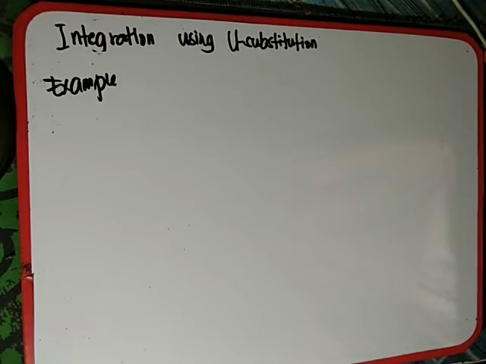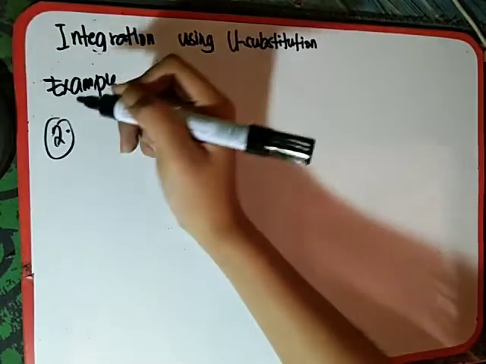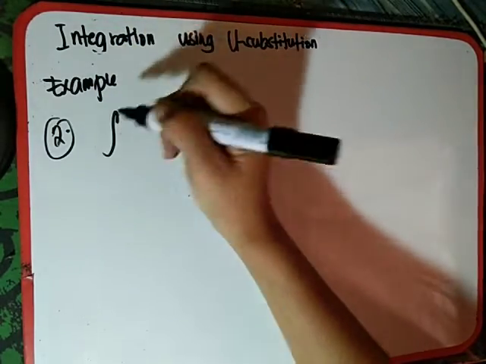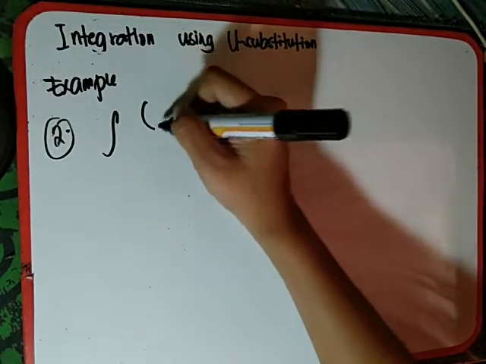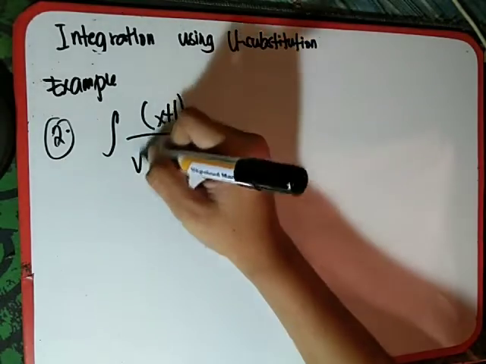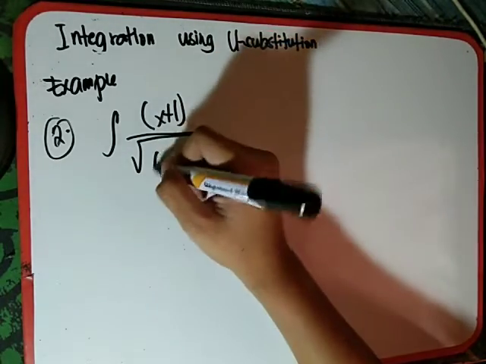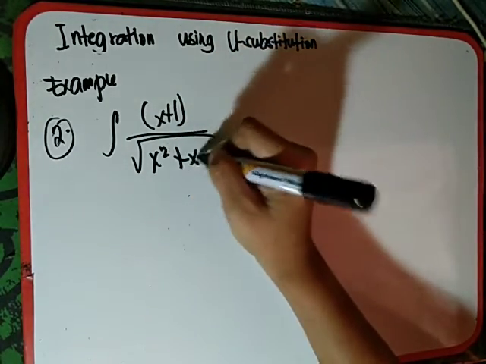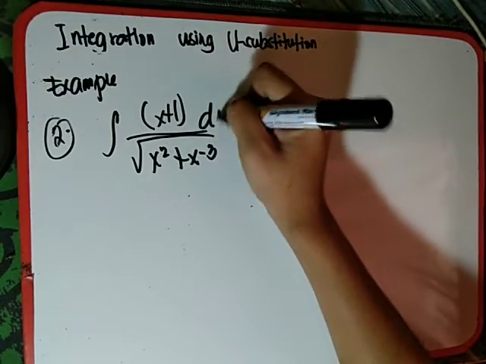So next is our example number 2. We have the integral of x plus 1 over the square root of x squared plus x minus 3 dx.